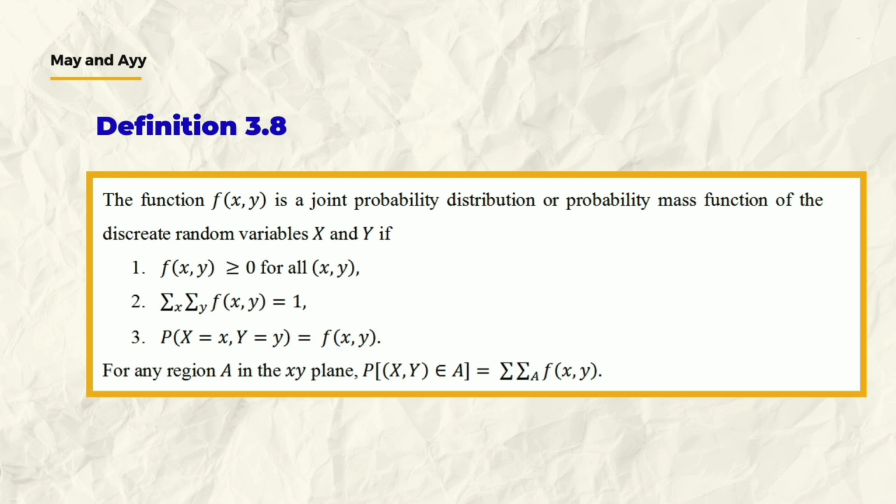As you can see, the function f(x,y) is a joint probability distribution or probability mass function of the discrete random variables x and y if the following conditions are met. First, f(x,y) is greater than or equal to 0 for all x, y.